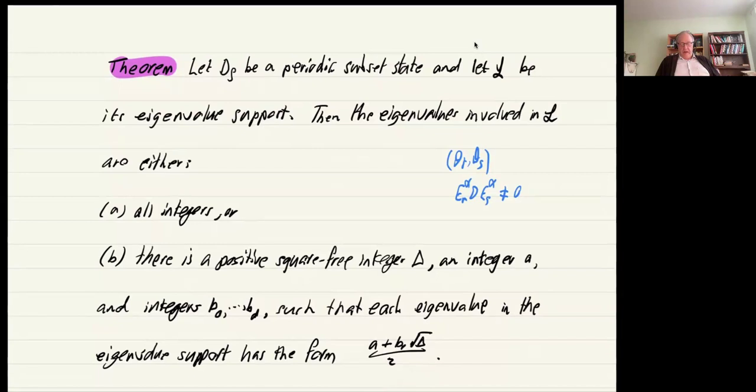Now, the point here is that A is the same in each case. The only thing that's changing is the B_R's. In a certain sense, the second case contains the first, because there's nothing stopping you choosing delta equal to 1. But this is the worst that can happen in terms of the eigenvalues.